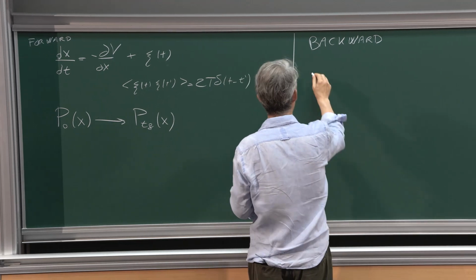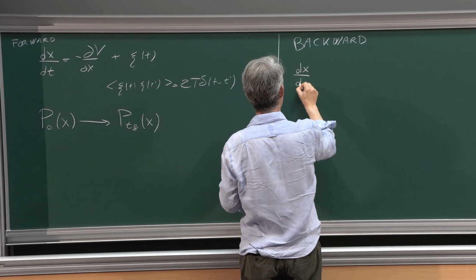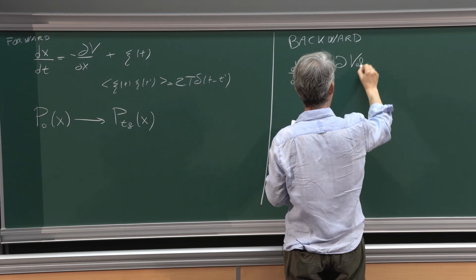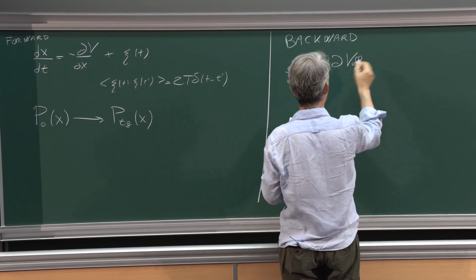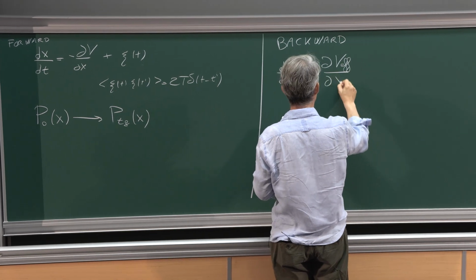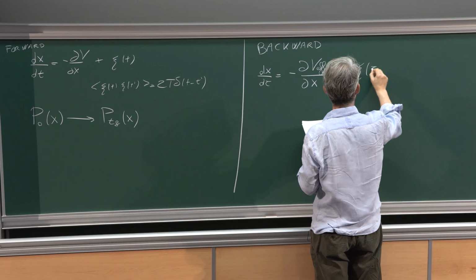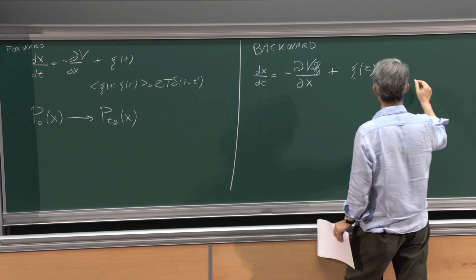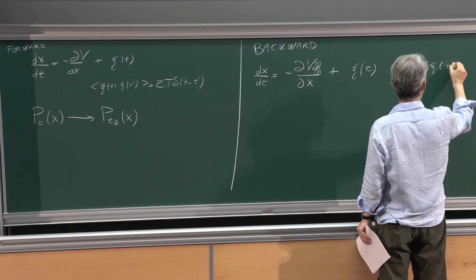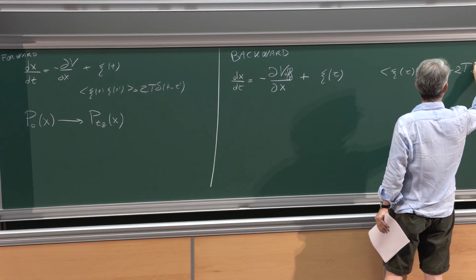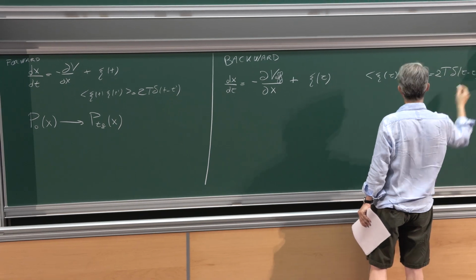And the Langevin equation that you are going to write is this one, dx/dtau, which is equal to minus the derivative of an effective potential which depends on time. I don't write the time, but it depends on time. Plus another noise, which has the same statistics as this one, psi of tau. So <psi(tau) psi(tau')> is equal to 2T delta(tau minus tau').